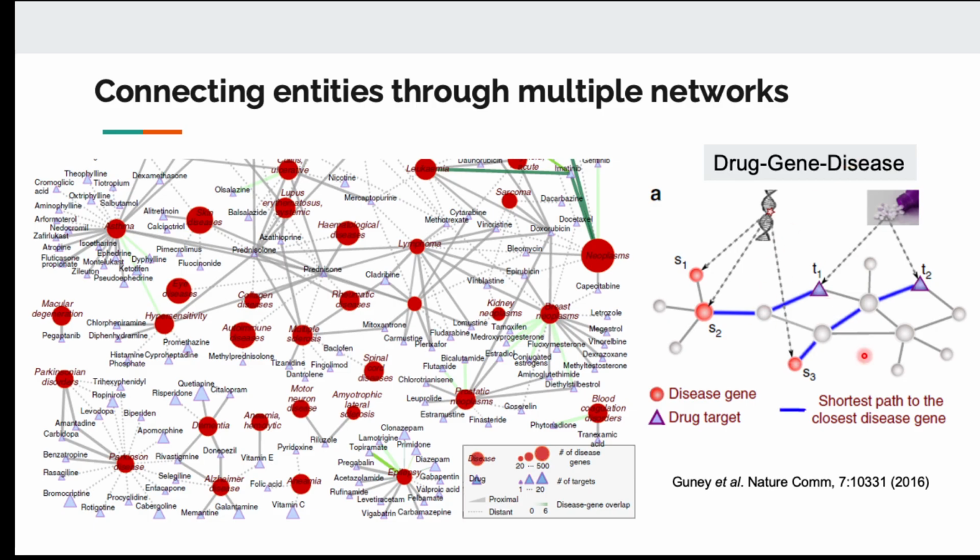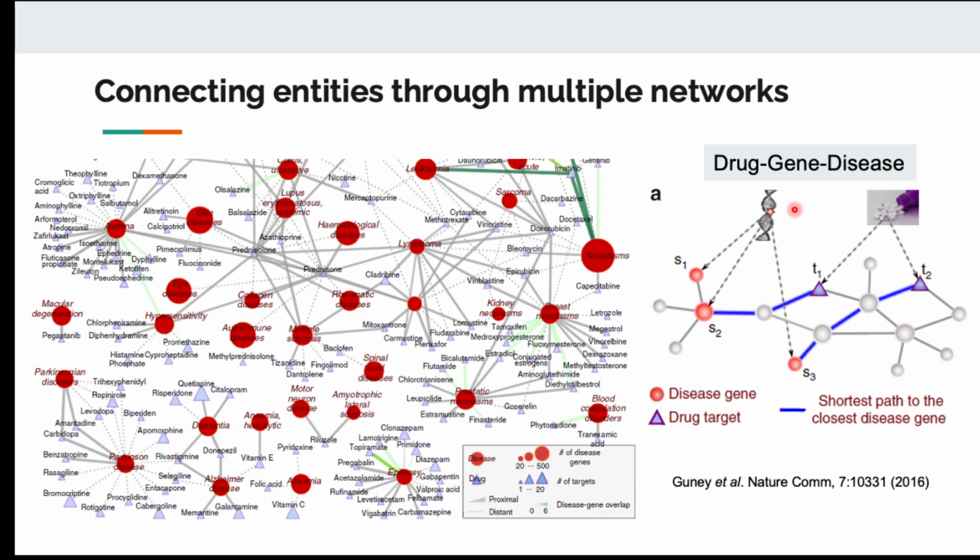If you connect them together, you have a way that you can start with a drug. You know that this drug affects these two genes, and the disease that you want to target is this disease, and it is known to be caused by these three genes in red.